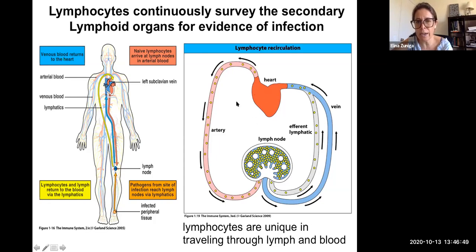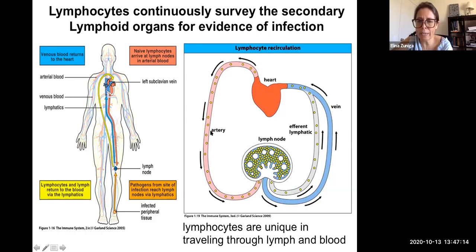And so this is a cartoon here showing the lymphocyte recirculation. After lymphocytes are generated from primary lymphoid tissues like the thymus or the bone marrow, and this is all before the pathogen is encountered here on the right. And so you can see here is a lymph node, which is one of the secondary lymphoid organs.